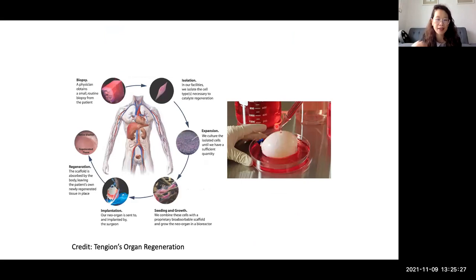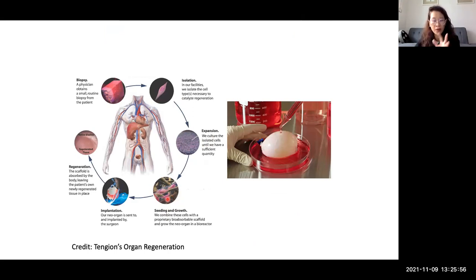Okay, so this is like an expanded version of what I just said. Yeah, the cells have to be taken out and then we increase the number of cells. That's why we have the word expansion. This is individual cells here, and then we increase the number of the cells and put them back into the scaffold. So you will see the pink one represents the cells, and the thing that looks like fiber here is the mesh of collagen or polyglycolic acid.